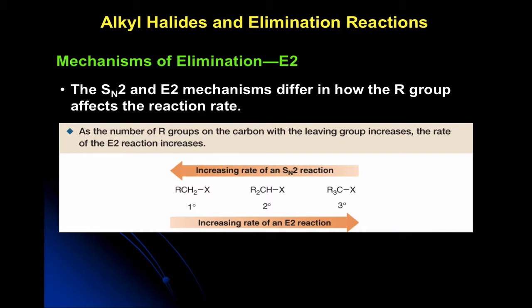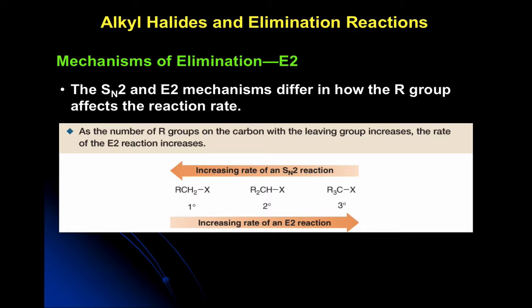Now, it turns out that E2 reactions follow a little different trend than SN2 in terms of the type of alkyl halide, whether it's primary, secondary, or tertiary. And it turns out, as you know, that SN2 reactions favor primary alkyl halides. Secondary is okay, tertiary, no SN2 chemistry, right?